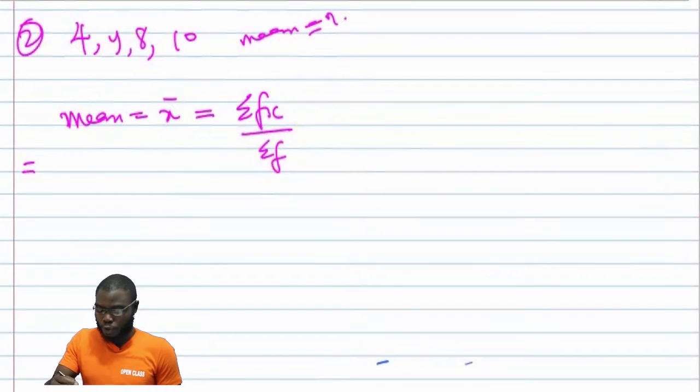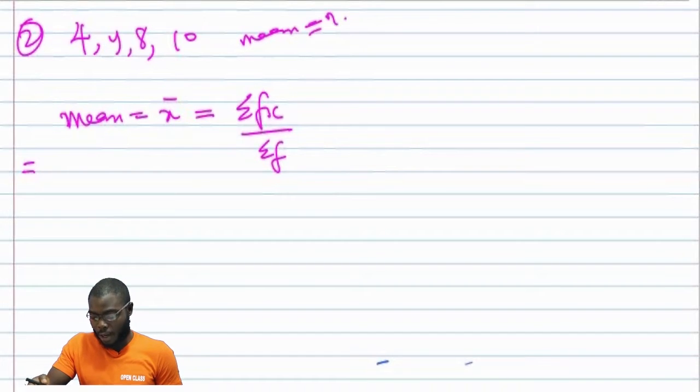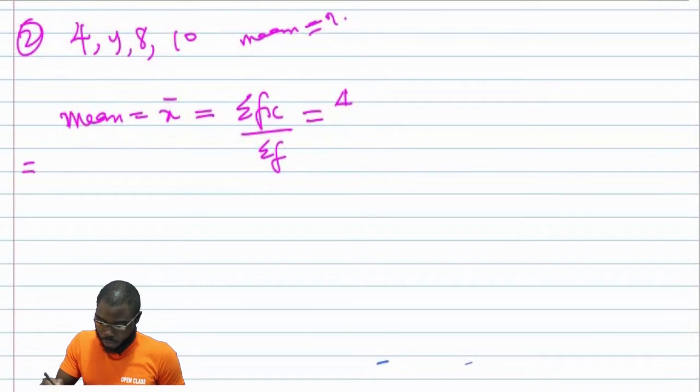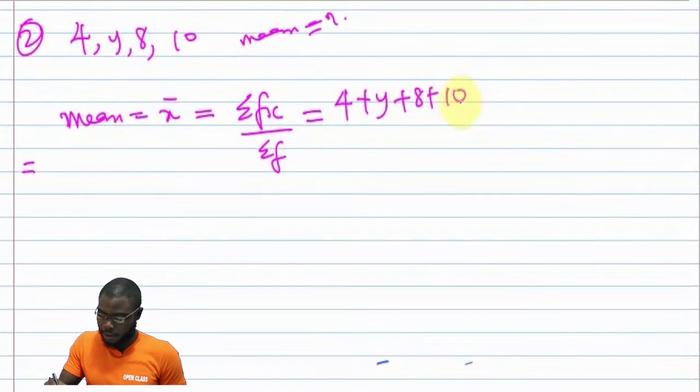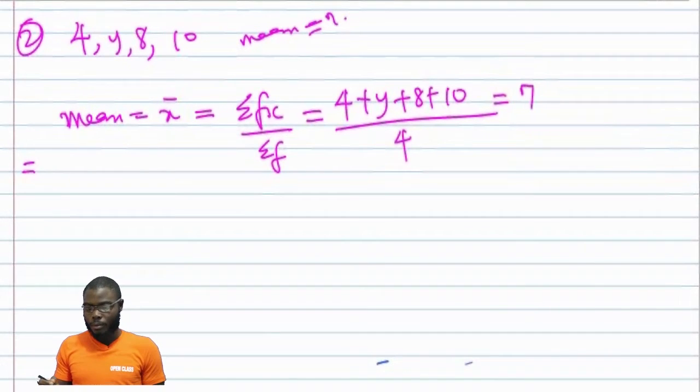Invariably, what we are saying is you multiply the variables by the number of times they appear, divided by the summation of the appearances. So we have 4 appearing only one time. So 4 times 1 plus y plus 8 plus 10 divided by the appearances. 4 appear only once, that's 1, 2, 3, 4. Divided by 4, all is equal to 7.